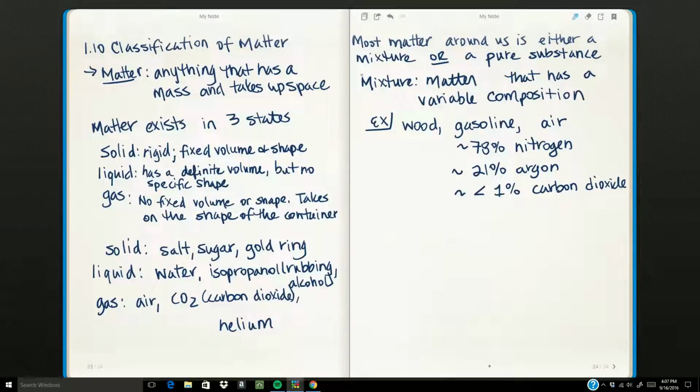Okay. So mixtures can be classified into two different categories. First category is homogeneous.